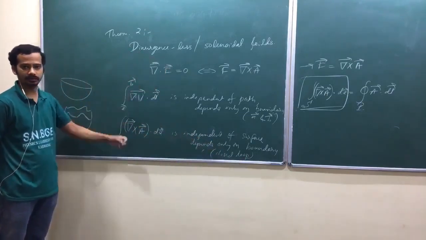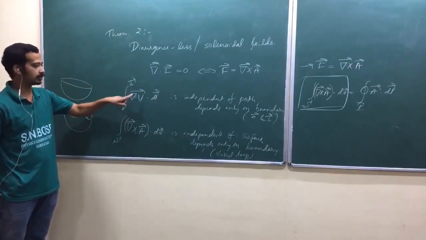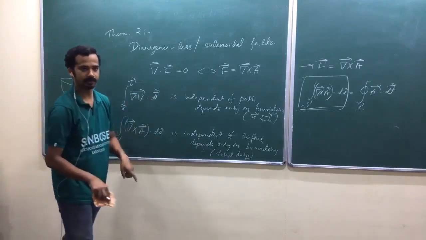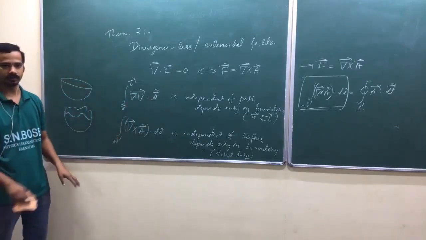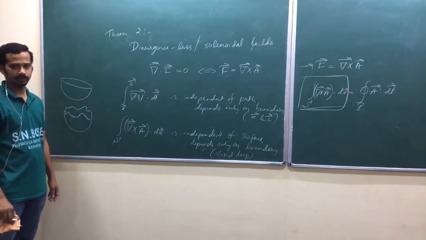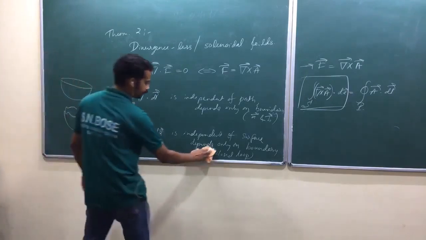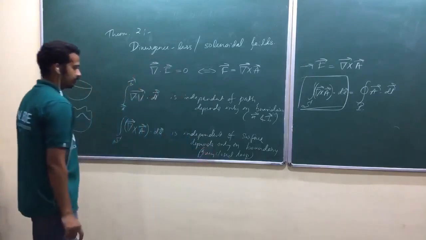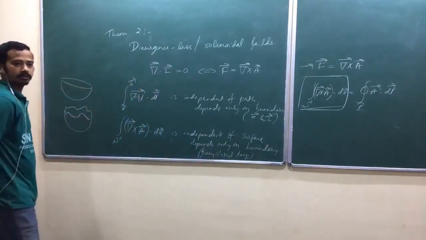Can you feel the similarity? This is the case of a line integral, whose boundary is the endpoints. This is the case of a surface integral, whose boundary is one closed loop.